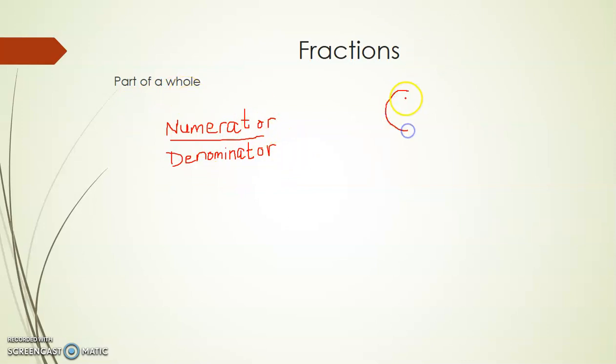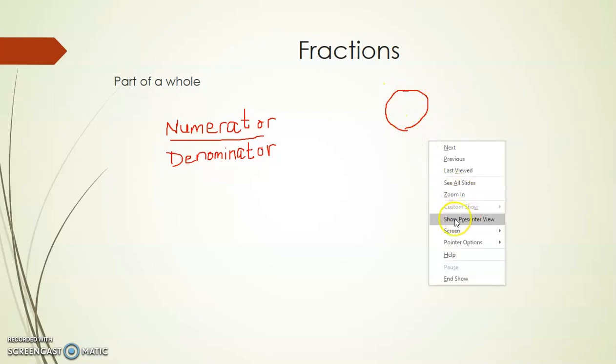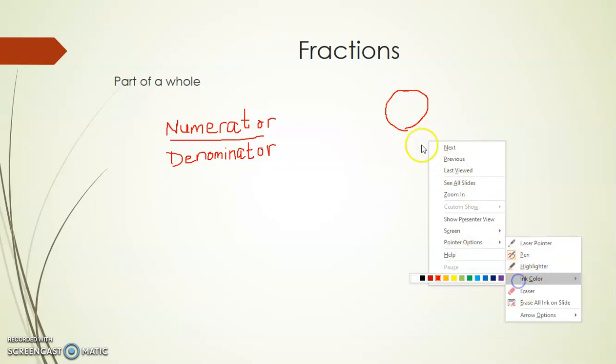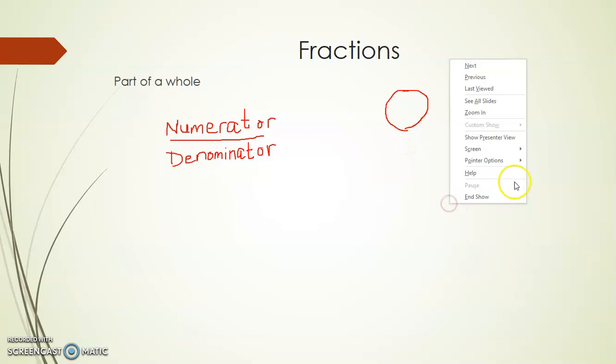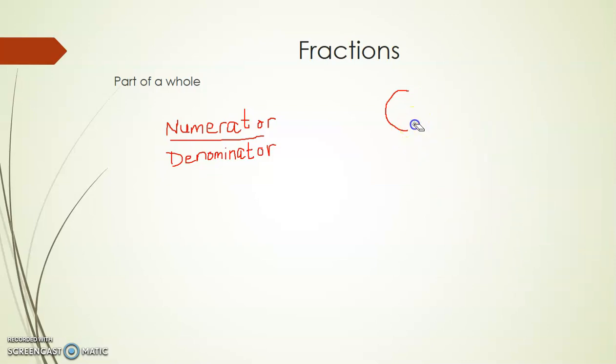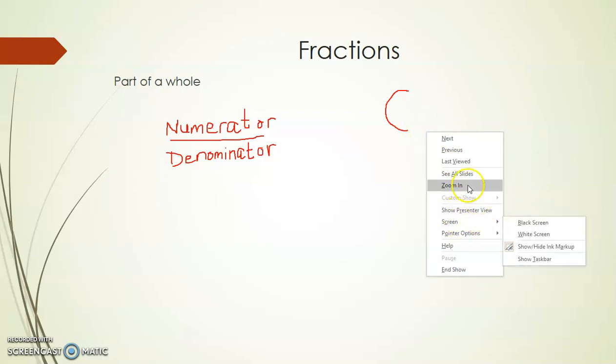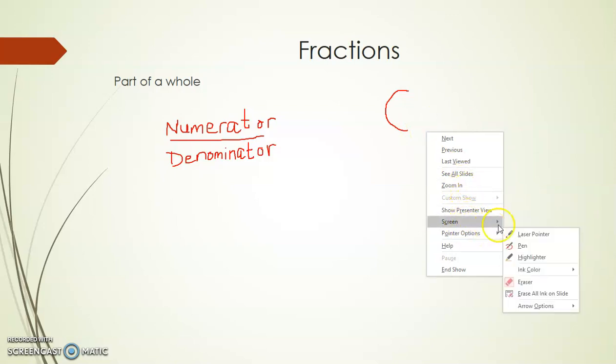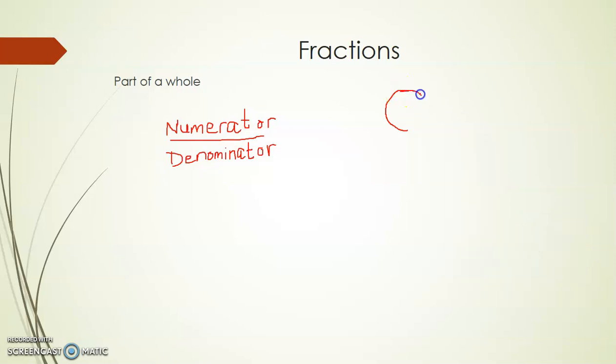For example, let us consider a circle. You can see that the circle is divided into 8 equal parts.